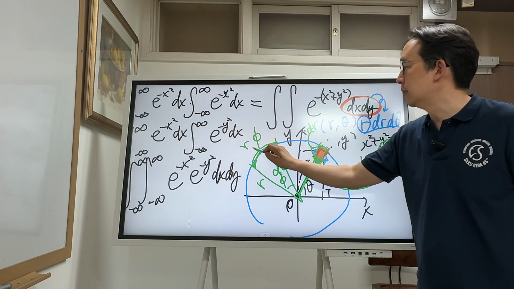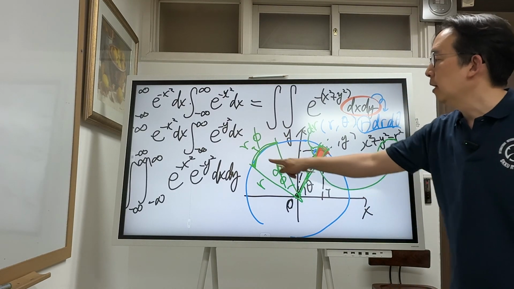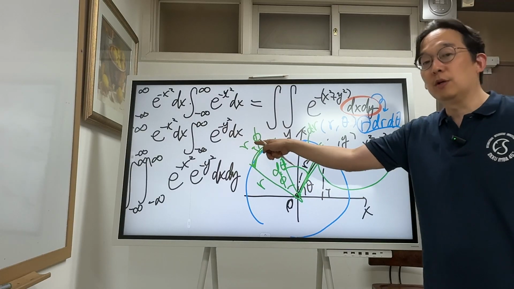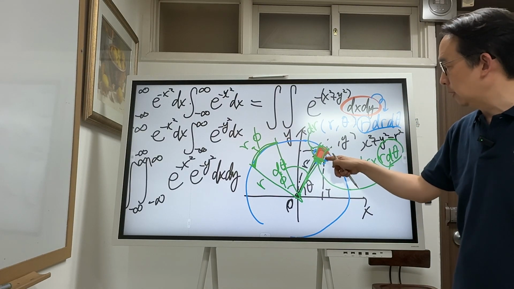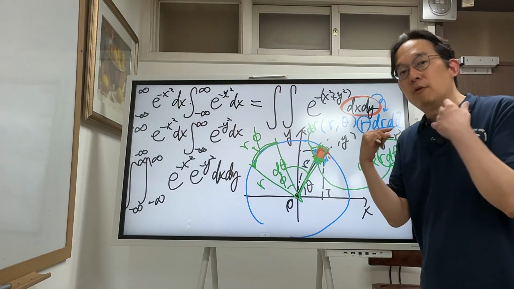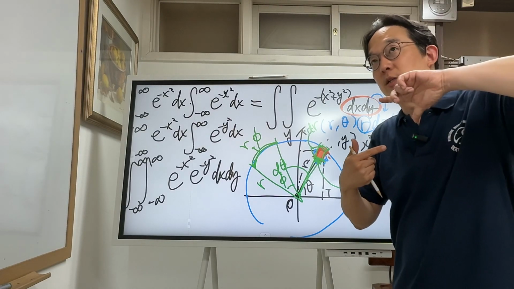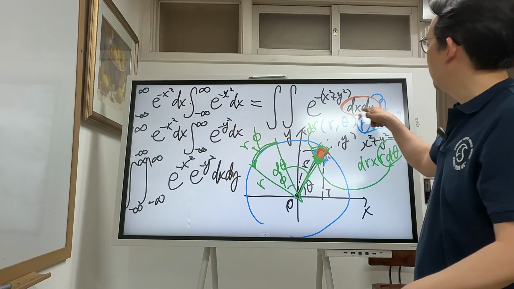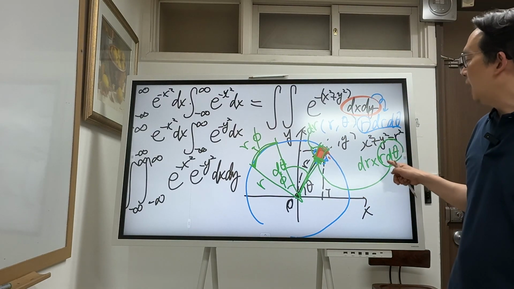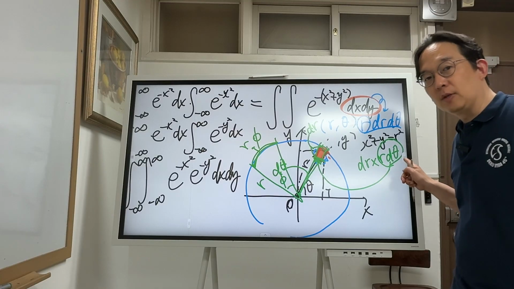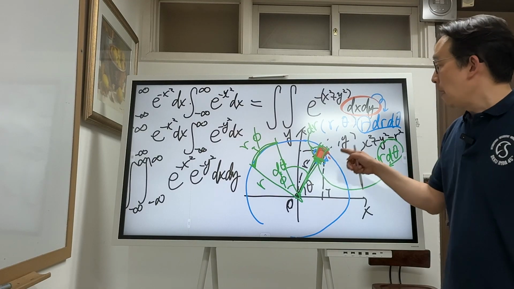Give me the angle and the radius, and this will be determined as r phi. The same idea holds true over here. So what used to be represented with the rectangle dx dy should now be represented as r times dr d theta.